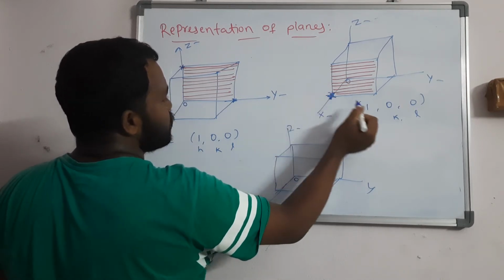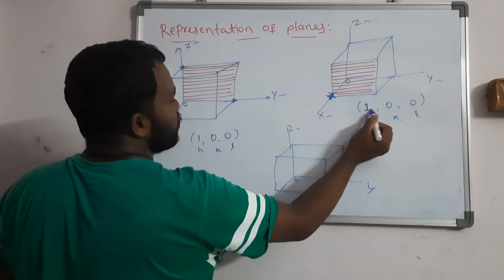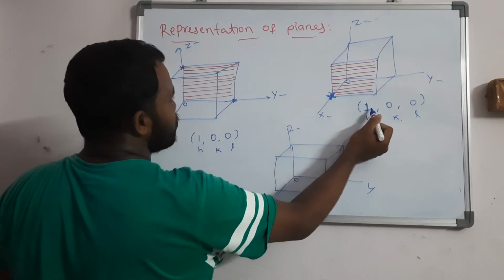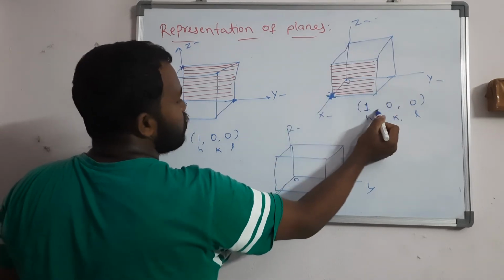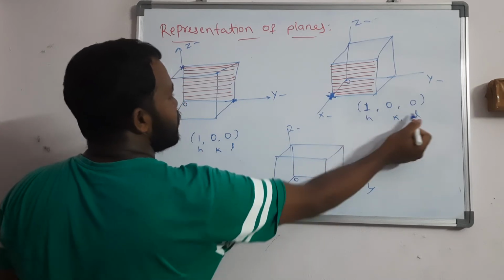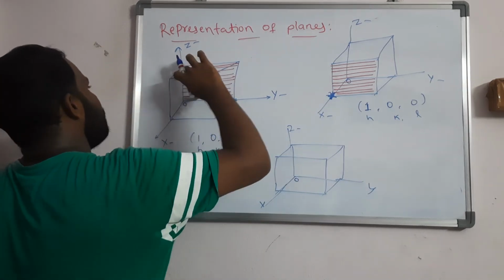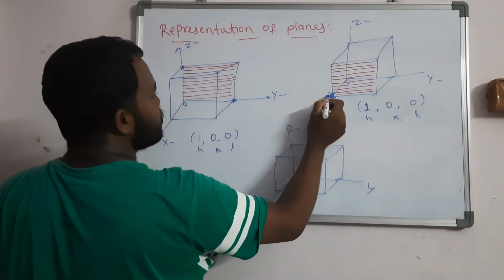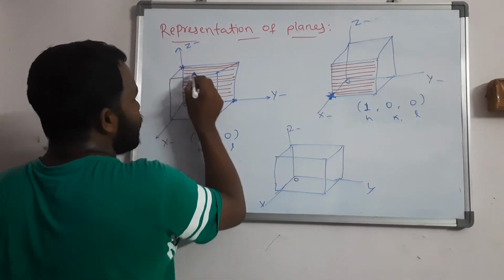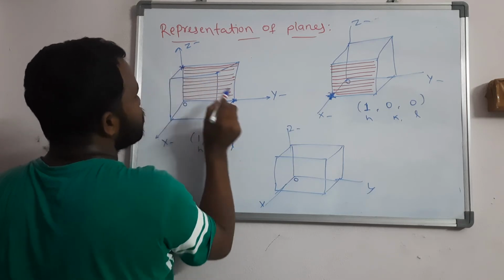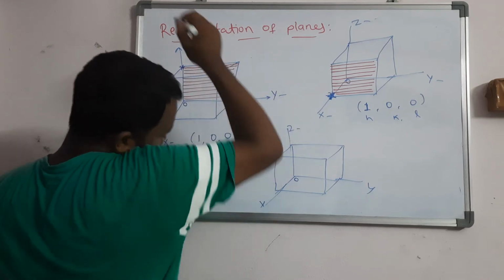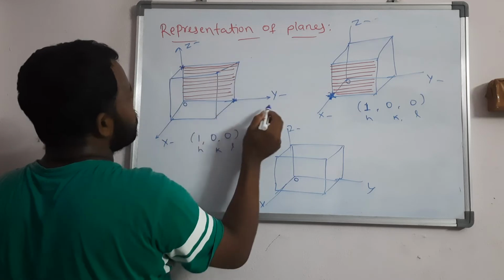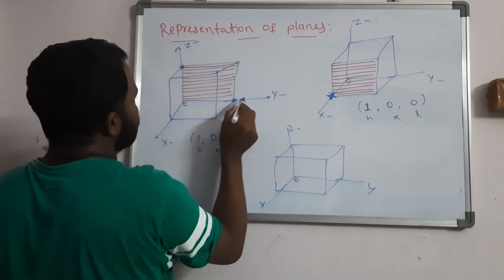So the length you should take is 1. Just remember like this, 1. So 1 by 1 is nothing but 1. The remaining is 0. 100. So you should write HKL. Whenever some plane is like this, you observe the front side, and you get the line touching here. YZ equal to 0 means parallel to the YZ plane.